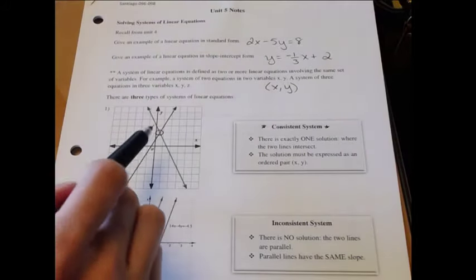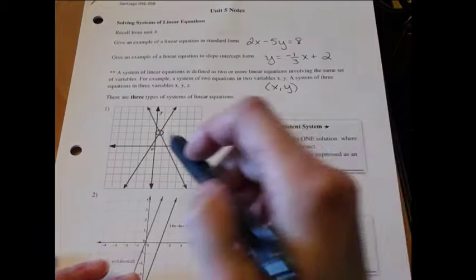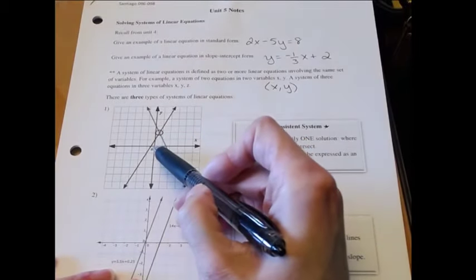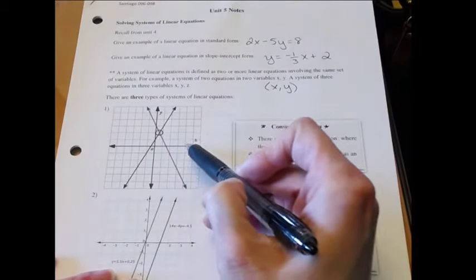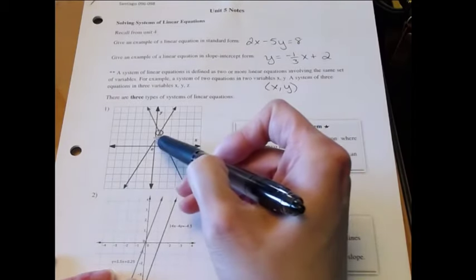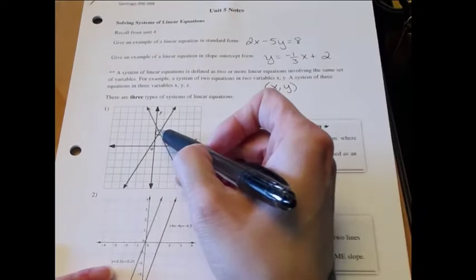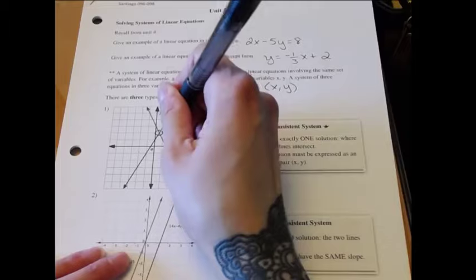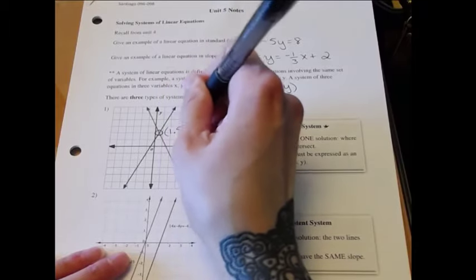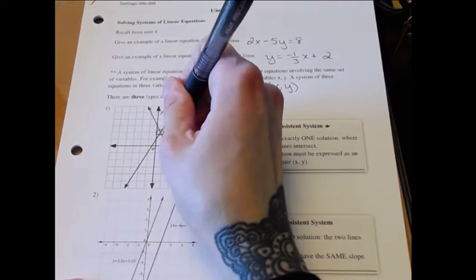That right there, what I just circled, is the point of intersection. It is where the two lines cross each other. So for instance, if I looked at this carefully and I counted each mark here is like 1 unit, so this is 1, 2, 3, 4, 5, this is 1, 2, 3, 4, 5, etc., then this ordered pair, the point of intersection, could possibly be 1.5 comma 2, or excuse me, 0.5 comma 2, my bad.